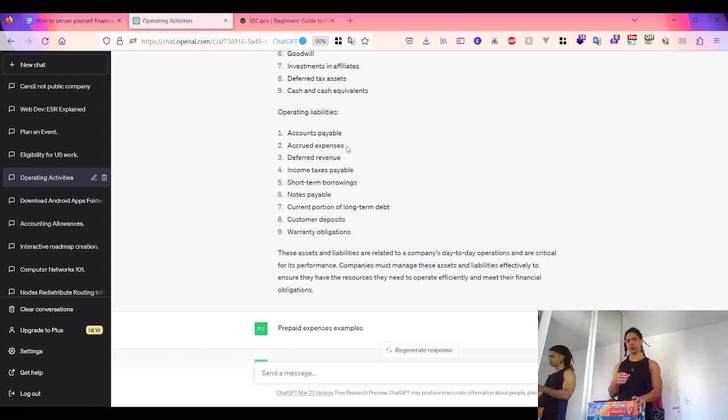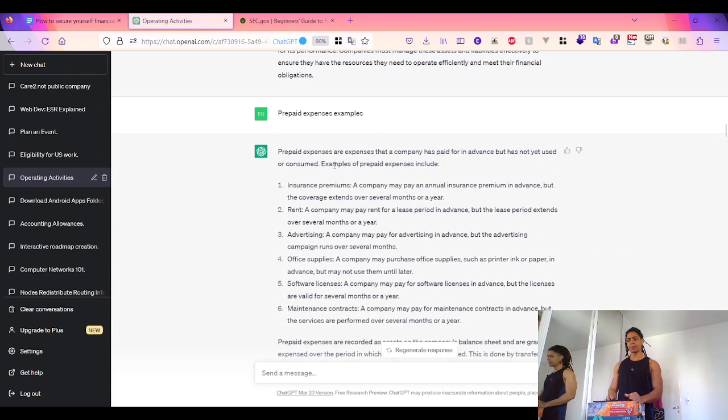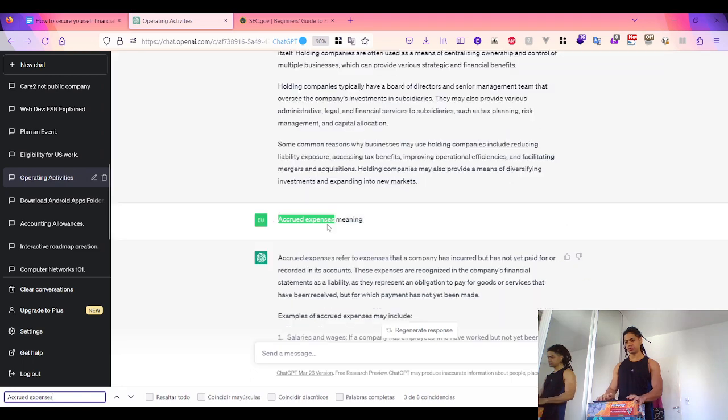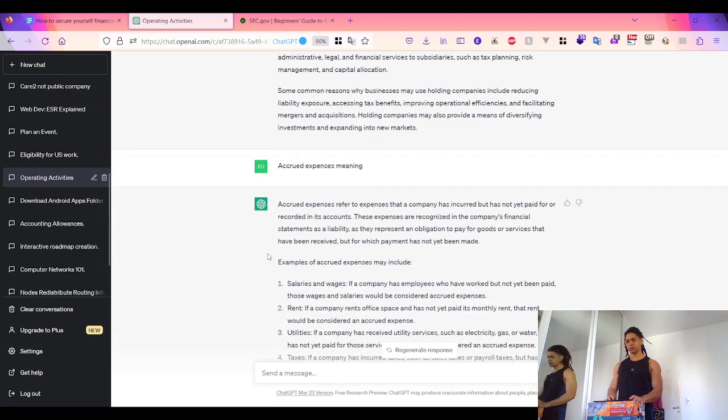Accrued expense is money that a company owes to others for service that has been received, an expense that a company has incurred but has not yet paid for or recorded as accounts payable.